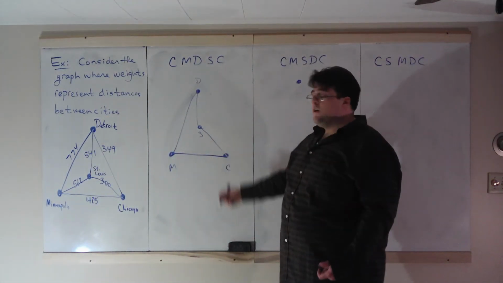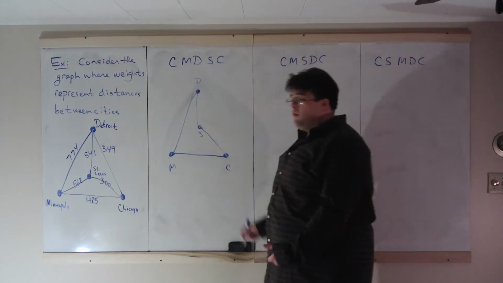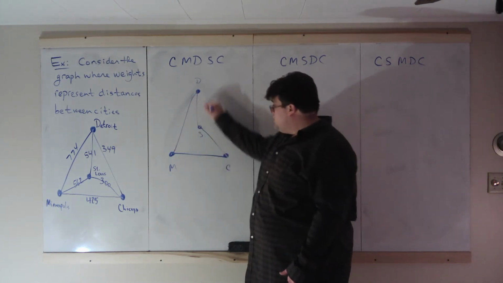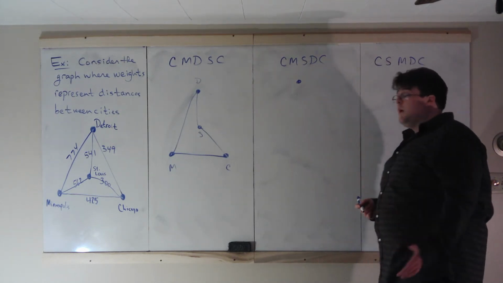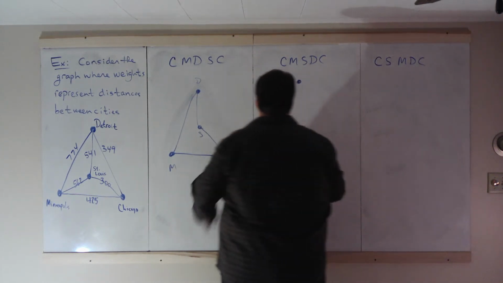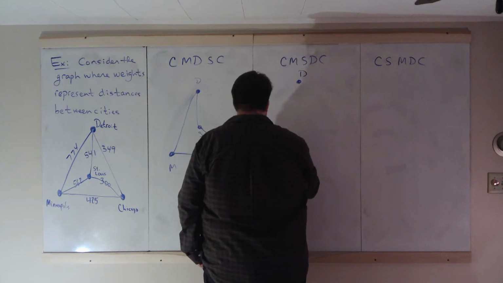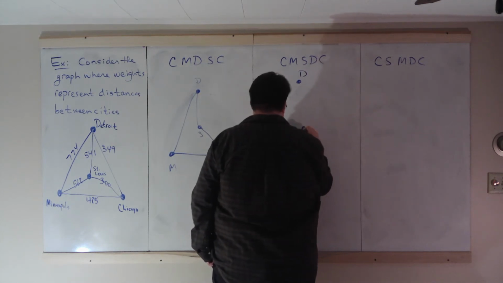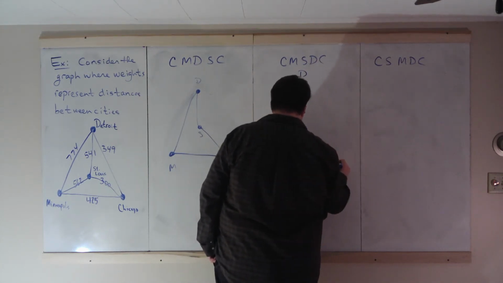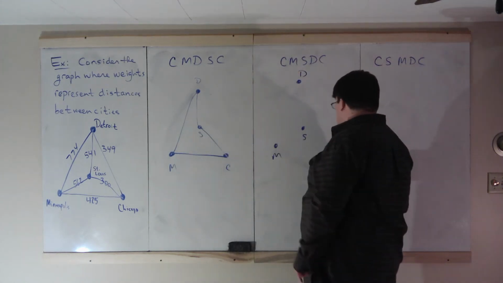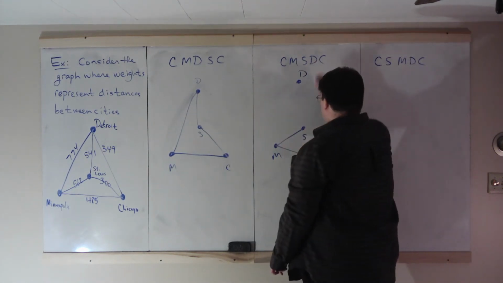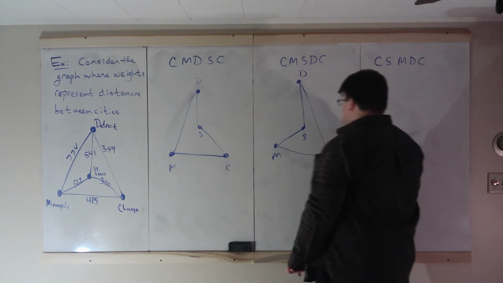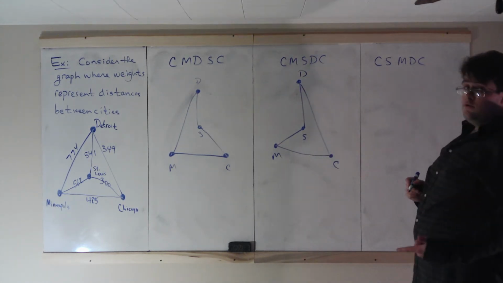Notice in this circuit, I didn't put any directions here. You could just as easily travel in the opposite direction and get the same number of miles. So we have D, M, S, C, and here we go, C, M, S, D, back to C. Notice those 2 circuits are different.